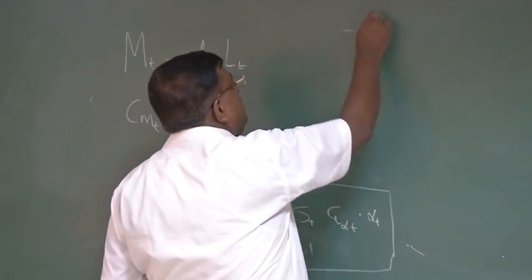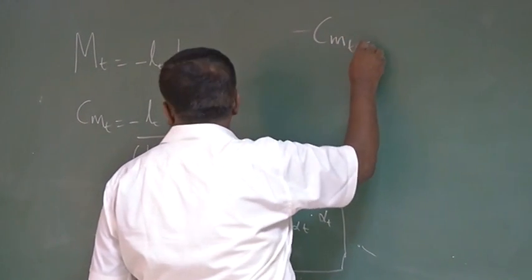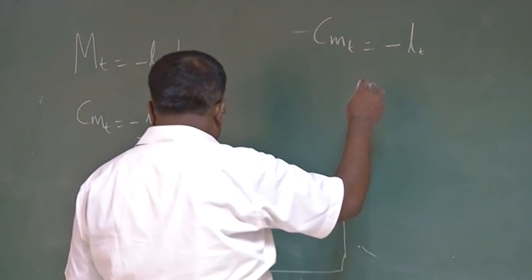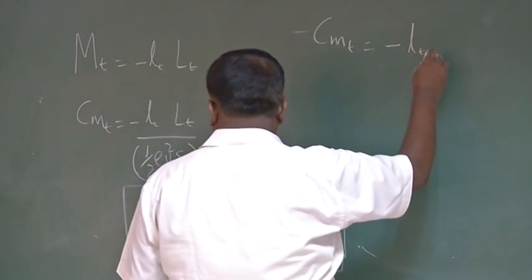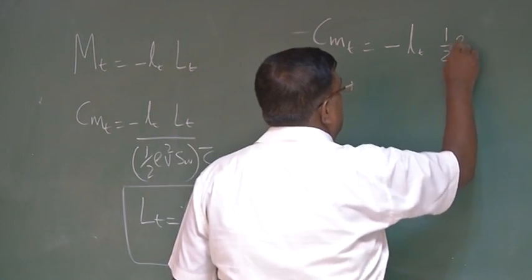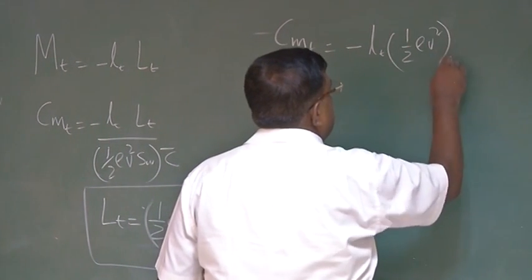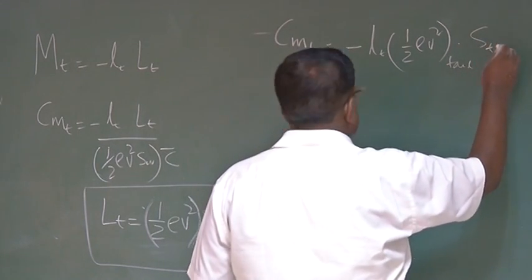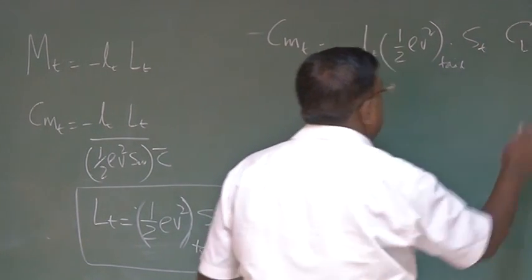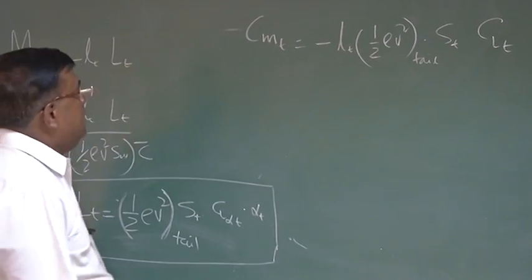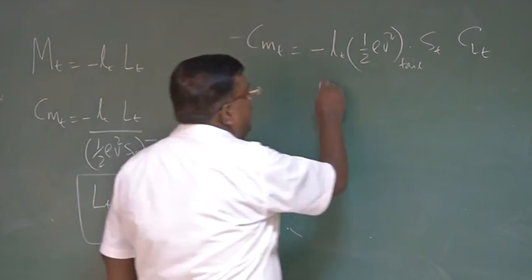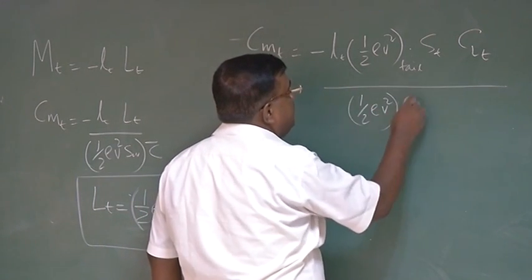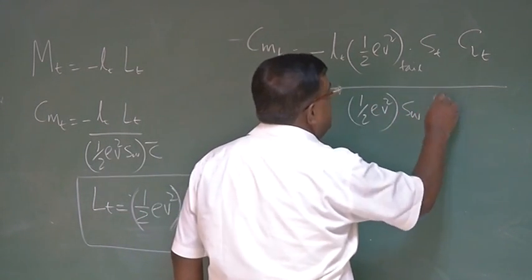So if we use this, CM tail is equal to minus LT, and for LT I write half rho V square at tail into S tail into CL tail, instead of CL alpha tail into alpha tail. This is divided by half rho V square free stream SW and C bar.